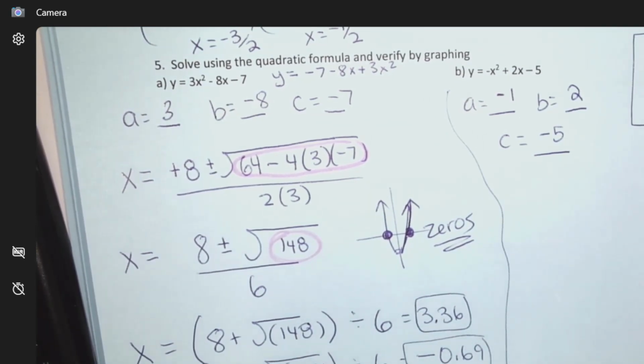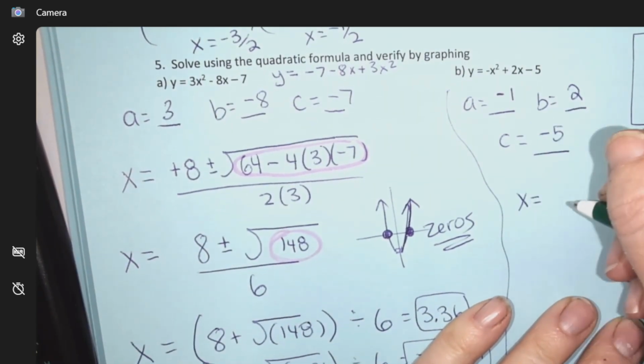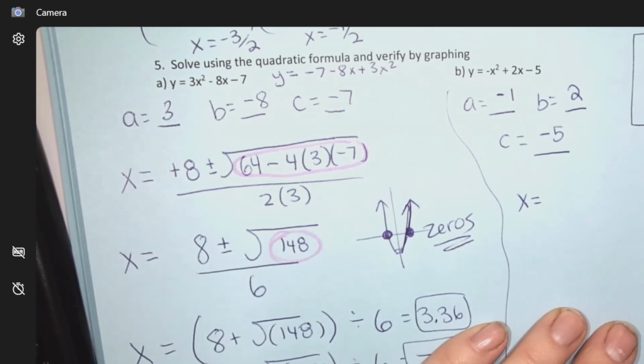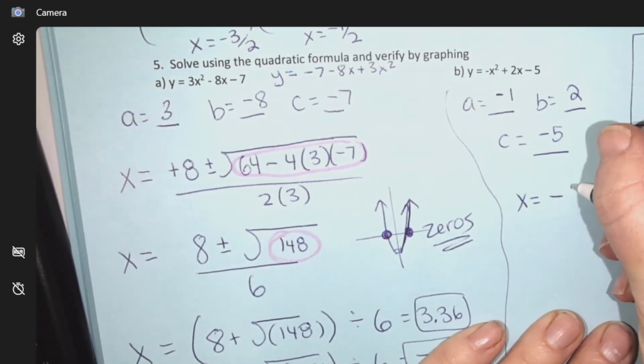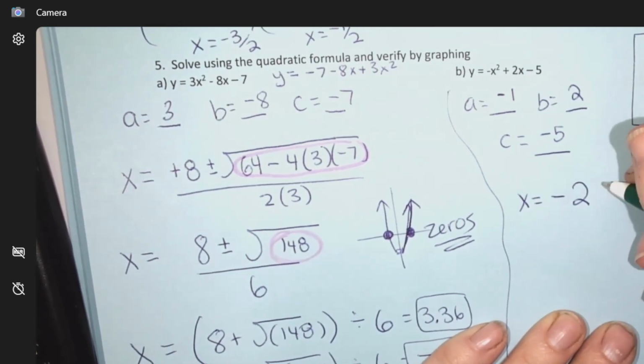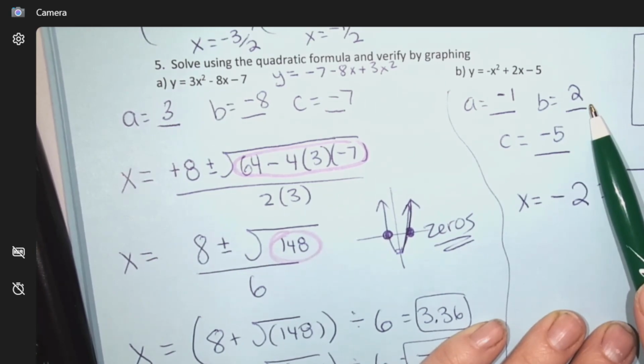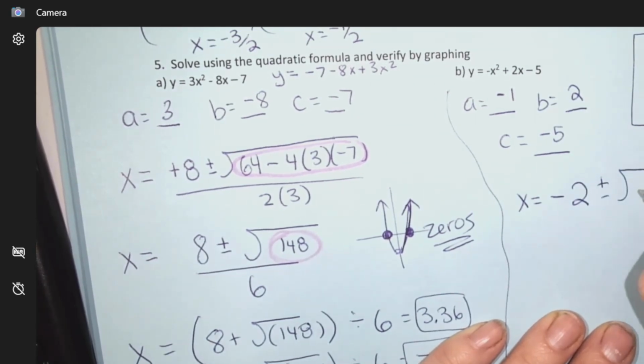So for A, I got a -1, because that's how many x squareds there are, a 2, and a -5. Okay, so here's the formula. Opposite B, so we had a 2, so I'm going to write -2. Plus minus the square root of. What do you get if you do B squared? 2 squared is 4.